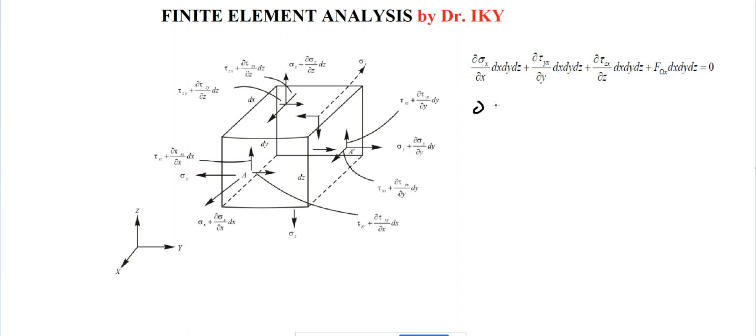Let me make it clear. d sigma x over dx plus d tau xy, or considering this one, we should write yx over dy plus, again for the z, d tau zx over dz is equal to minus f omega x. This is for the x direction.